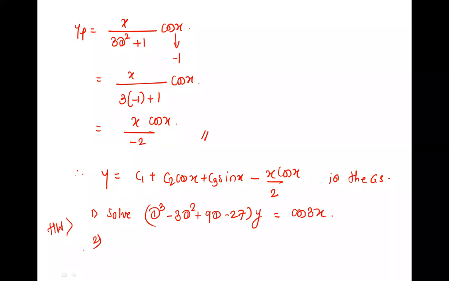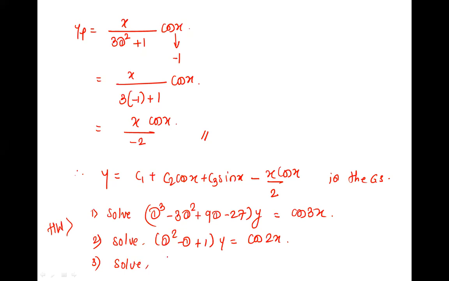Second, solve D square minus D plus 1 y is cos 2x. And third, solve D cube plus 1 y is equal to sin ax. It is a, okay? a is any arbitrary number.